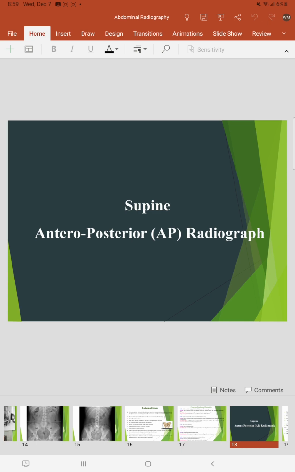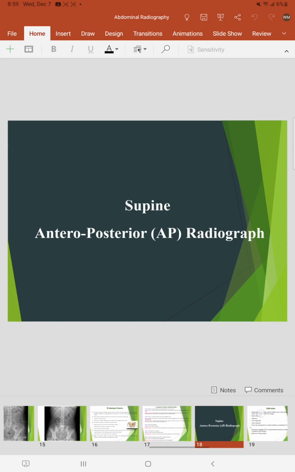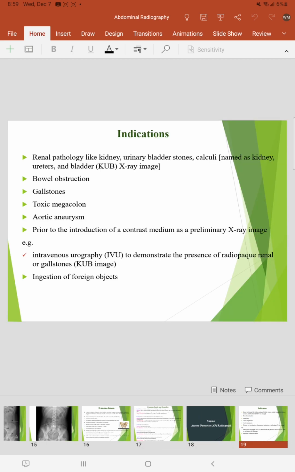Then supine AP projection. What are the indications? Renal pathology like kidney and urinary bladder stones, calculi, named as KUB, kidney, ureter and bladder, X-ray images. Bowel obstruction, gallstones, toxic megacolon, aortic aneurysm, same as erect position.